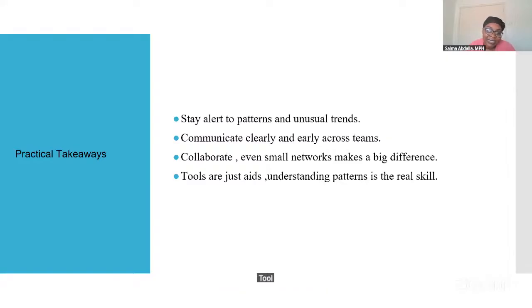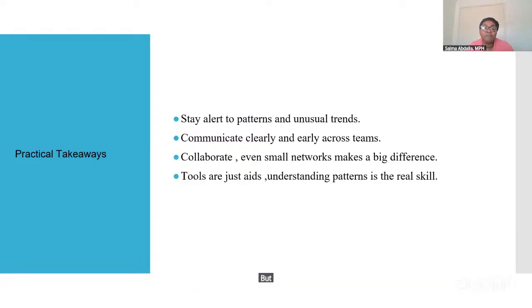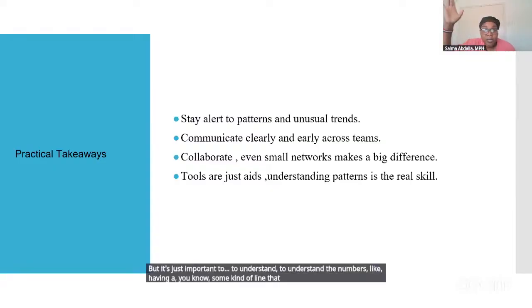Tools are just aids. It's important to understand patterns, and that's the real skill. Like showing graphs, as I said earlier, all these data numbers can be very confusing for a lot of people. But it's important to understand the numbers, like having a line that keeps going up in a graph.